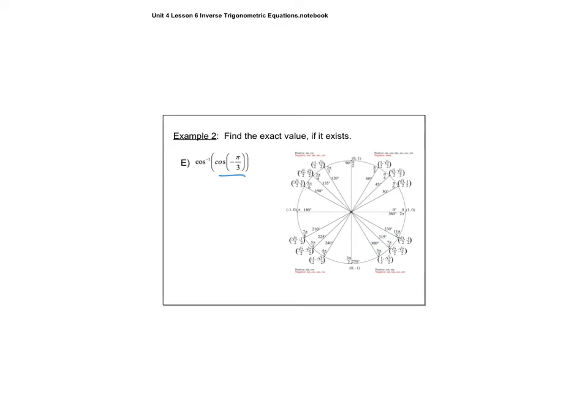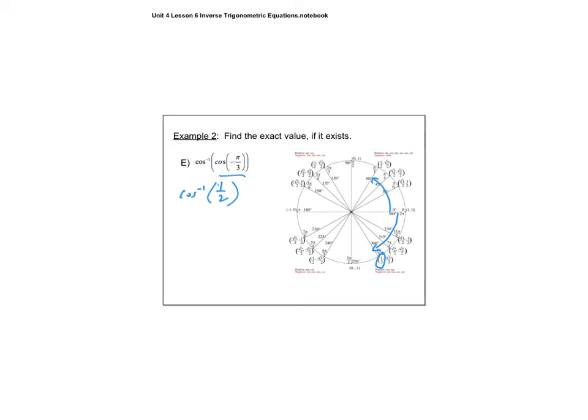So let's find the cosine of -π/3. The cosine is defined in all 4 quadrants, so I can actually find the cosine of -π/3. So π/3 is here, so I can go the same distance in the other direction. So I get 5π/3. So what's the cosine at 5π/3? The cosine there is 1/2.